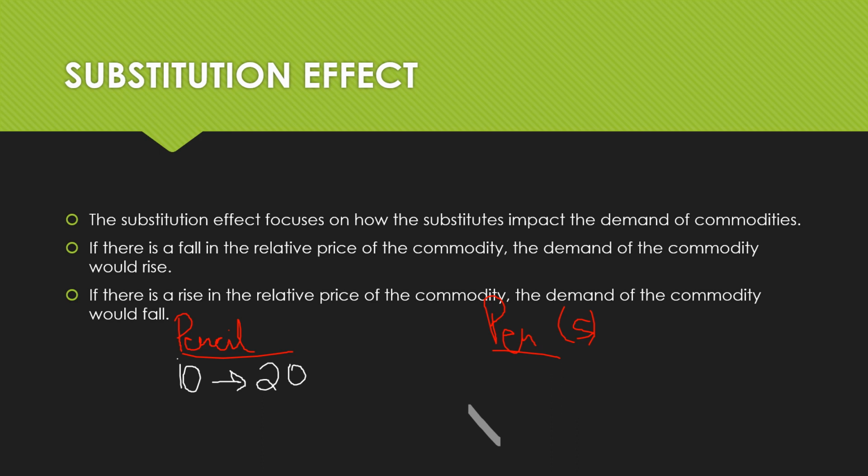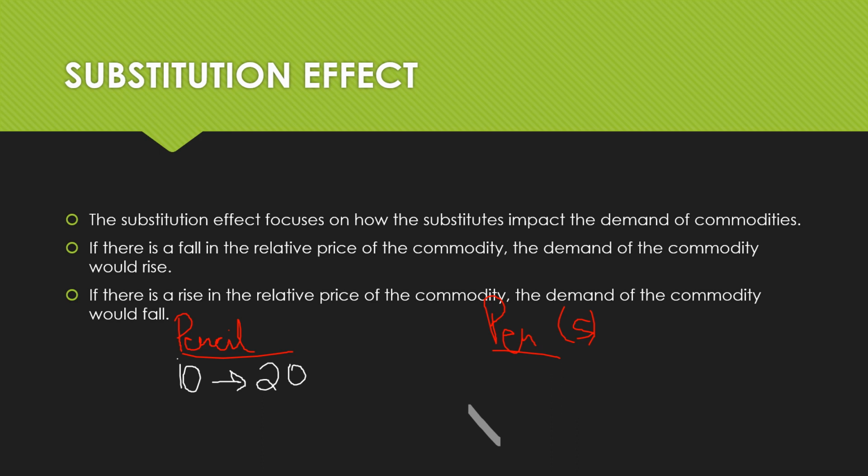We'll be focusing on how the price of the commodity is relatively affected relative to the substitute. In the case of substitutes, we would be studying directly, with respect to the substitutes, how the demand would be falling. When I teach substitutes, you will be better able to understand what I'm trying to say. Right now, let's focus on the substitution effect.